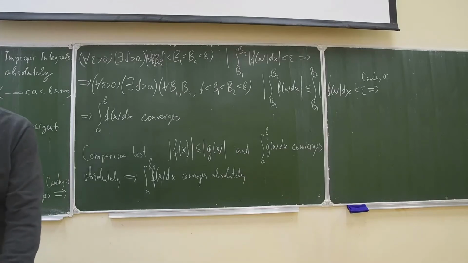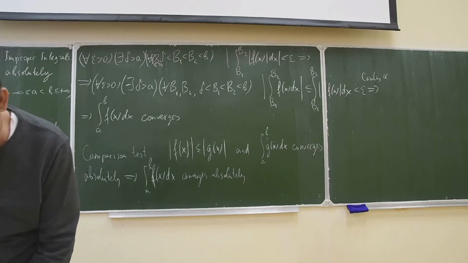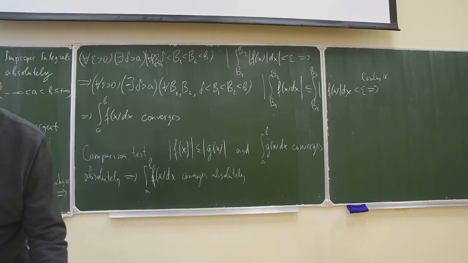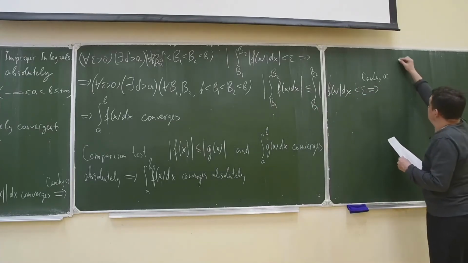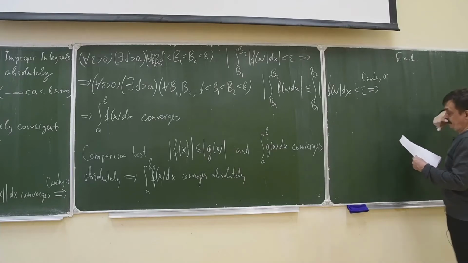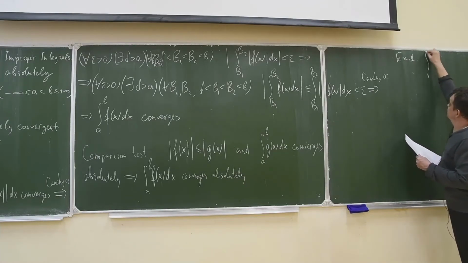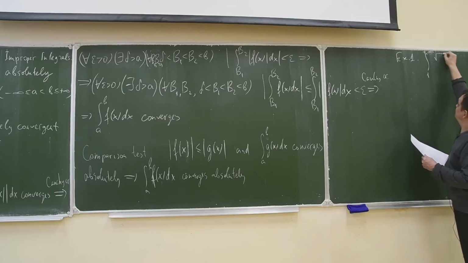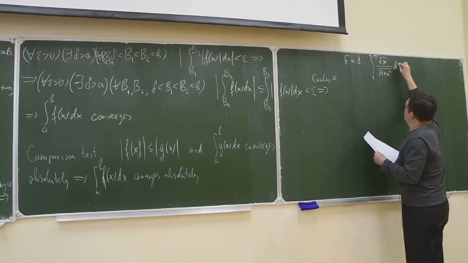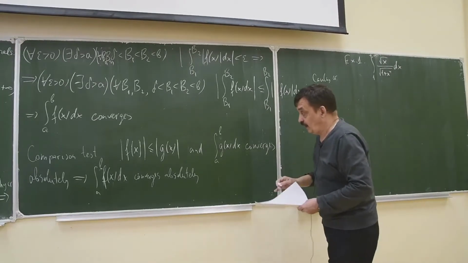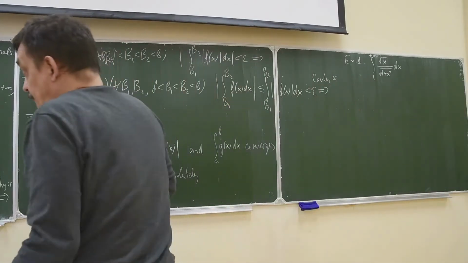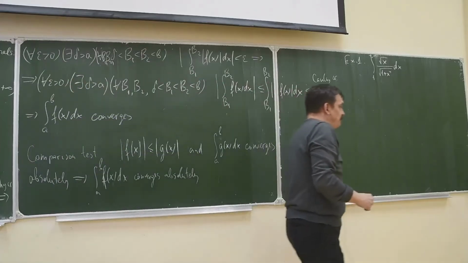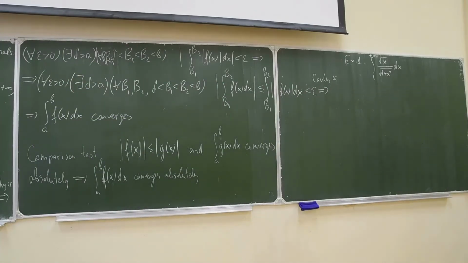Okay, let me consider a couple of examples. Example 1, we consider the integral of square root of x over square root of 1 plus x to the power 4 dx. Look, that is a good example to show how equivalence works.